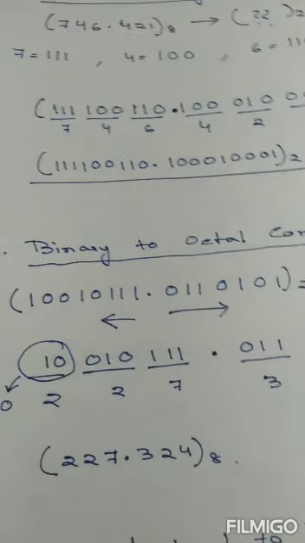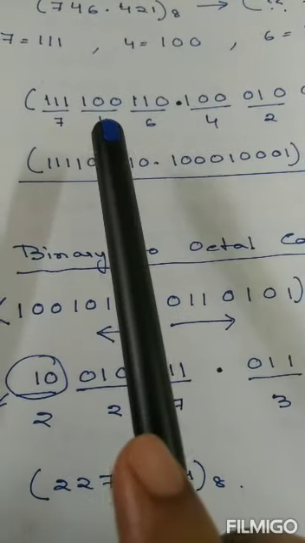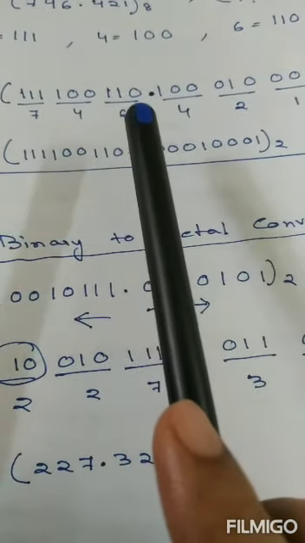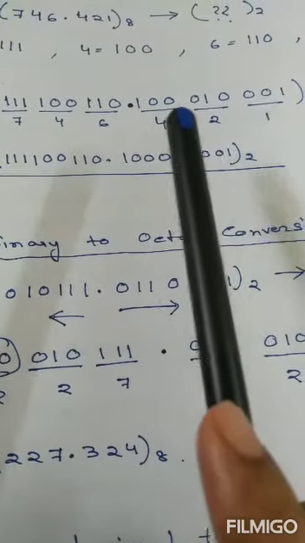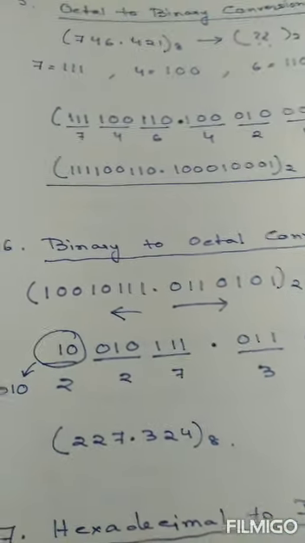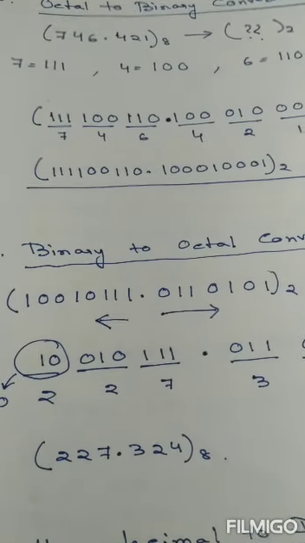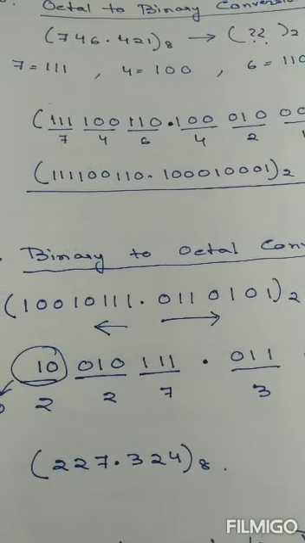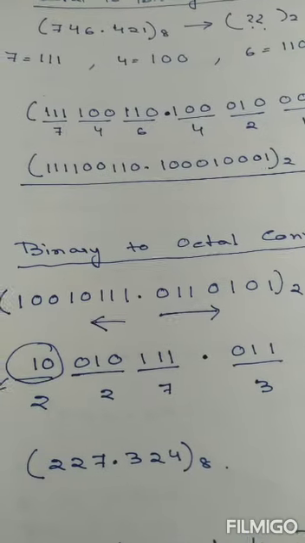Now write down the numbers: 111, 100, 110, point, 100, 010, 001. This is the easiest step. Just convert each digit into 3 bits of binary.